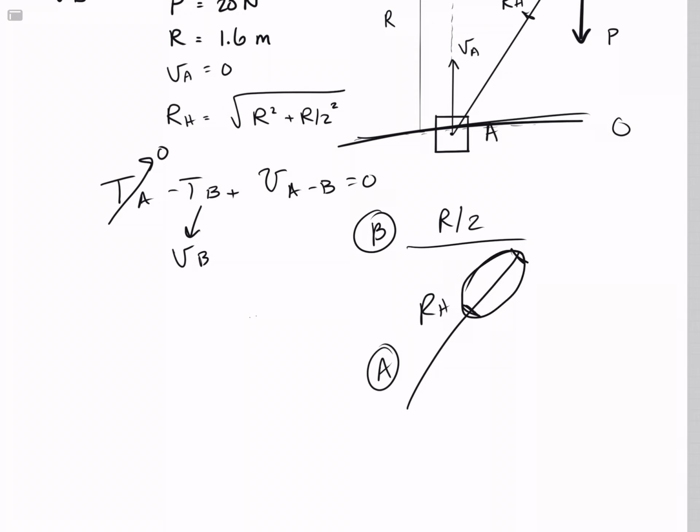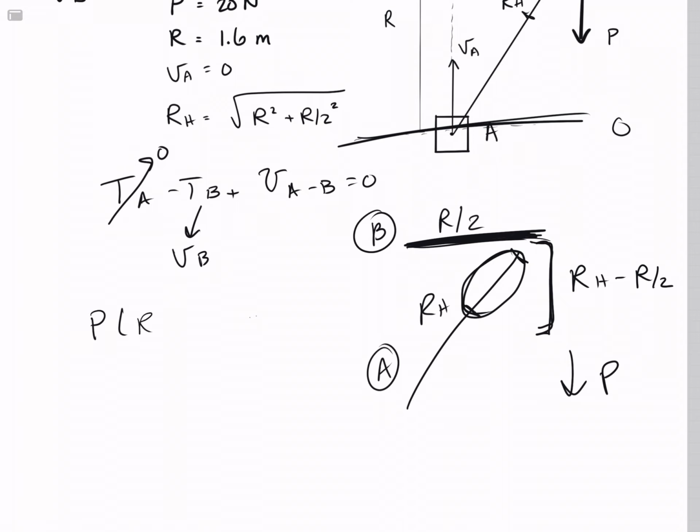But after it gets to point B, there is a certain amount of rope that it's traveled, and that is R_H minus R over 2, because there is R over 2 of rope here. And because we know that force P is acting on this rope, we can identify that potential energy as P times (R_H minus R over 2).